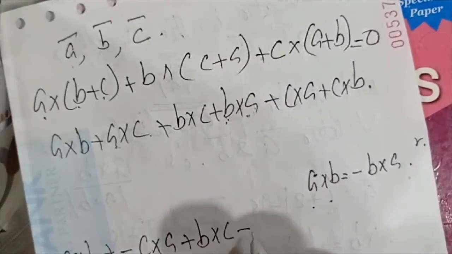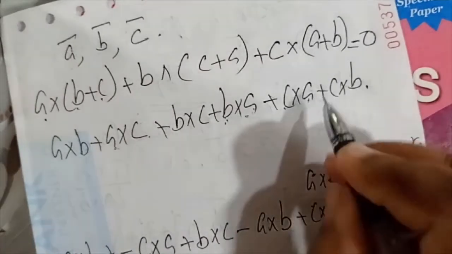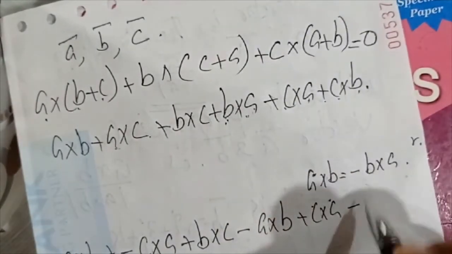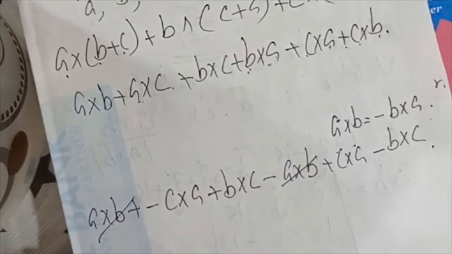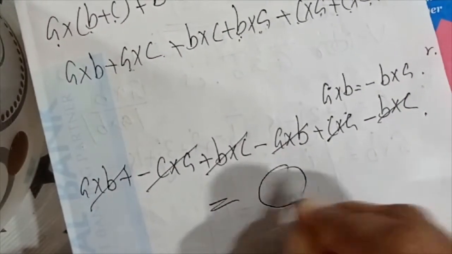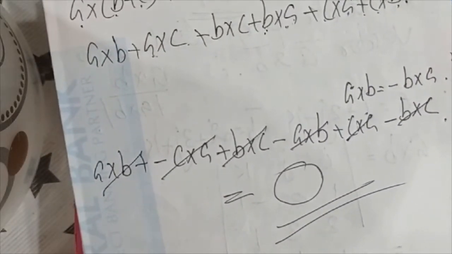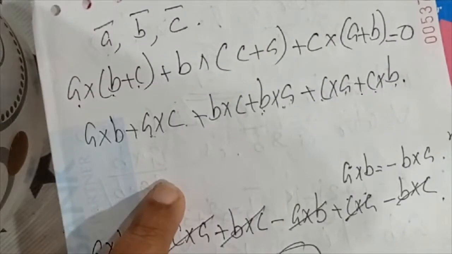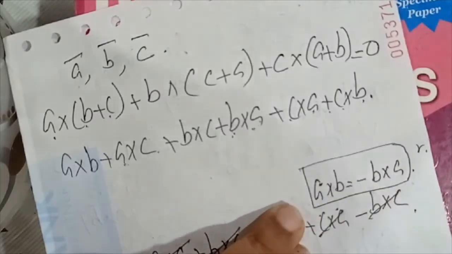Look here, B cross A is minus A cross B. This C cross A is the same, C cross A. Then plus C cross B is the same as minus B cross C. A cross B minus A cross B cancel, minus C cross A plus C cross A cancel, B cross C minus B cross C cancel. The answer is 0. Understand? Just open and apply the property. Which property? A cross B is equal to minus B cross A.